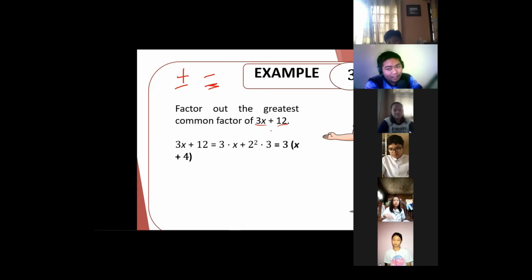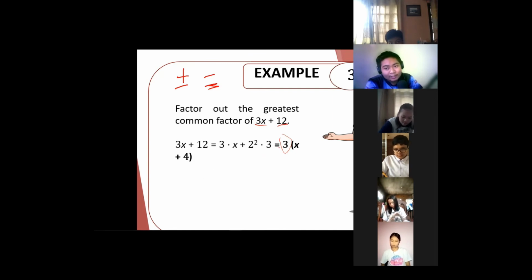So what would be the factor of it? We have 3. For 12, we have 3 times 4. So we will get 3. We take out 3. Once you take out 3, what is left inside?